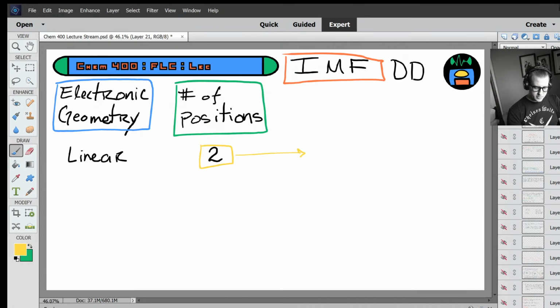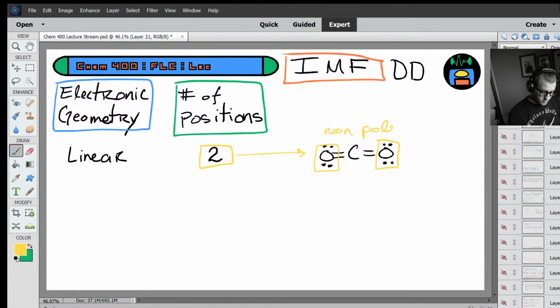If you have the same group on two positions, that would be like, well, CO2. Linear electronic geometry with the same group, oxygen, on both of the positions. This would be nonpolar. All right? What happens if we replaced one of the oxygens with, let's say, sulfur?